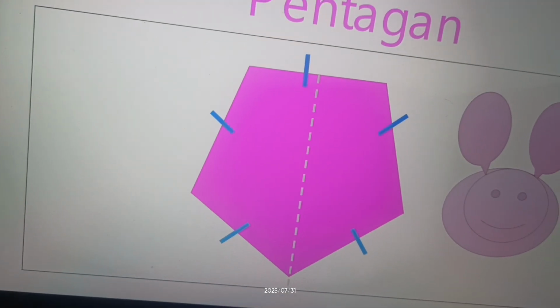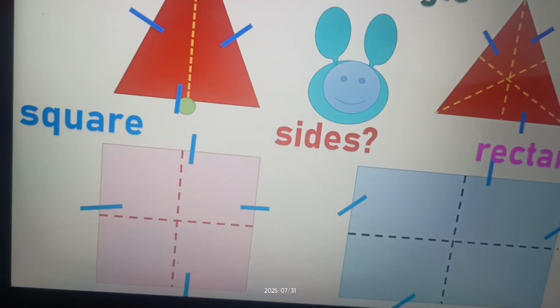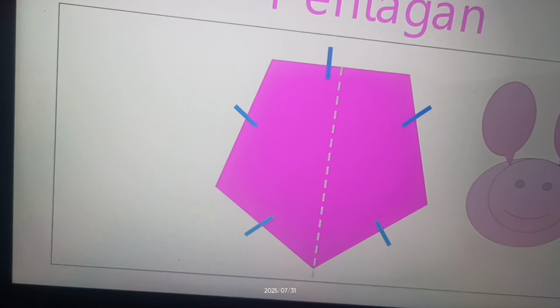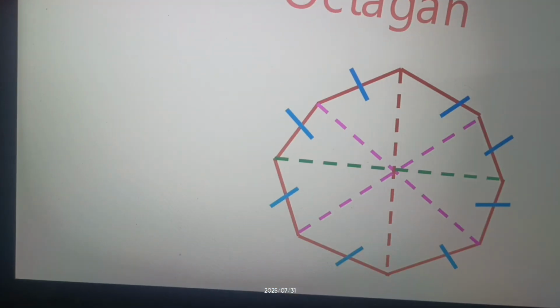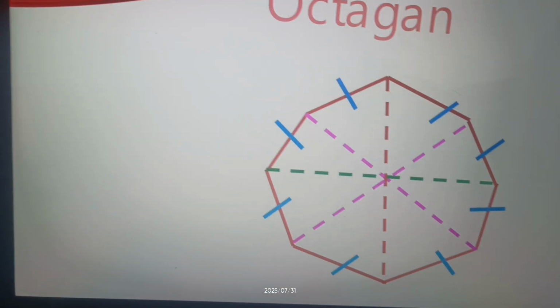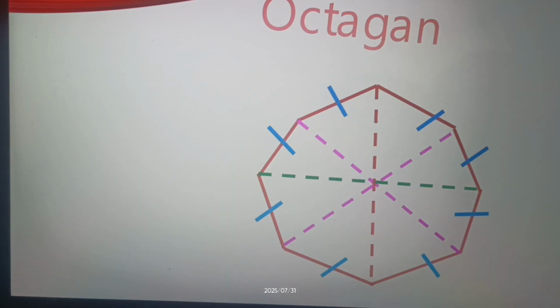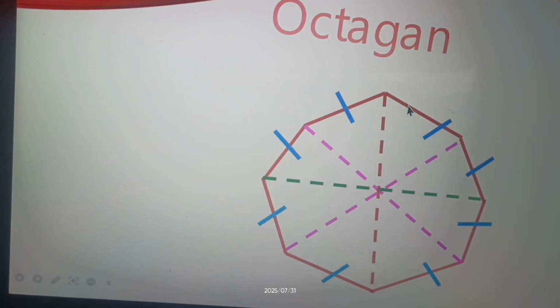Then practice to draw this pentagon also, triangle and rectangle. You can draw it easily. You know that, no? Pentagon, hexagon, heptagon, octagon. This is all. Then we'll finish our shapes and symmetrical lines lesson today.